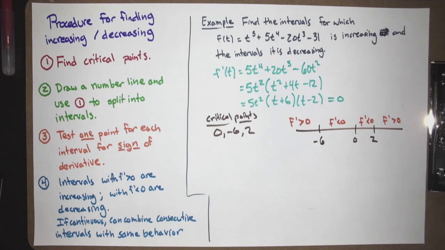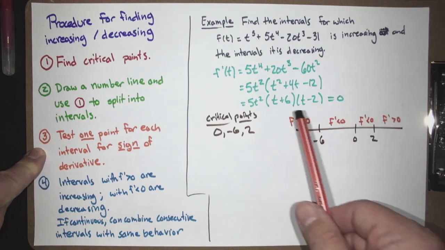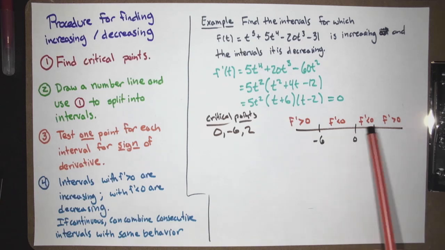Okay, so we did step 2, then we did step 3. For each interval we picked a value and plugged it in. We can't pick the values -6, 0, and 2, because that doesn't tell us anything. So we're ready to write down the intervals. Where are we increasing?